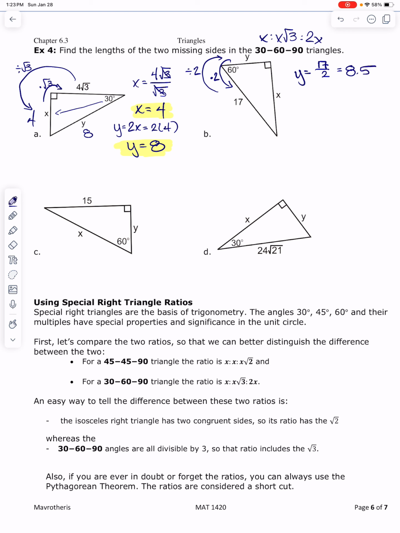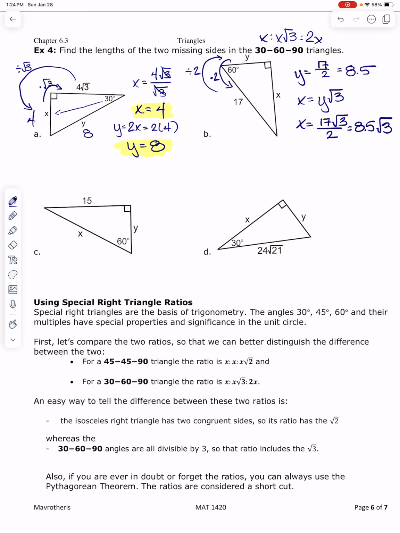Either is fine. To get from my short leg to my long leg, x is going to be y times the square root of 3. So either 17 square roots of 3 all over 2, or 8.5 times the square root of 3. Kind of depends on your comfort level with fractions. I would suggest you get super comfortable with fractions. It is going to be more helpful to use those.